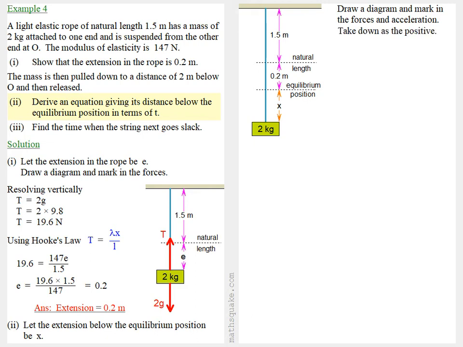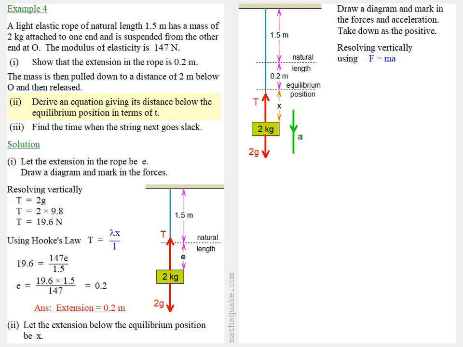Because the extension is down, we'll take down as the positive direction. So we have the weight of the object, 2g, acting vertically down. We have the tension, which we can now call T, and that's acting vertically up. And we have an acceleration, we can label it a, and that will be acting vertically down.